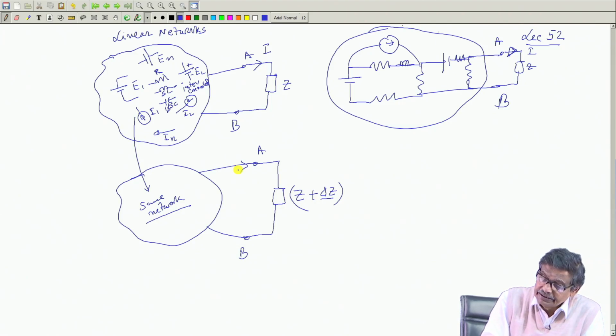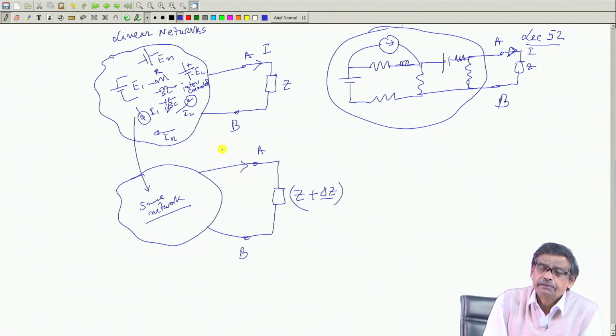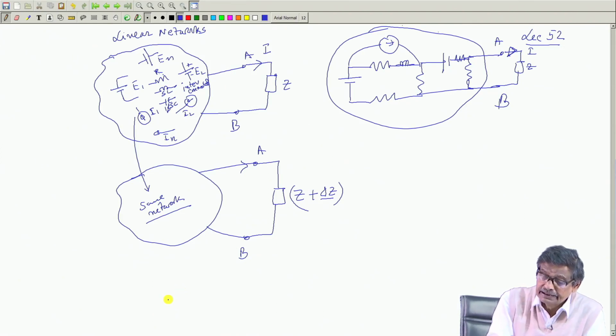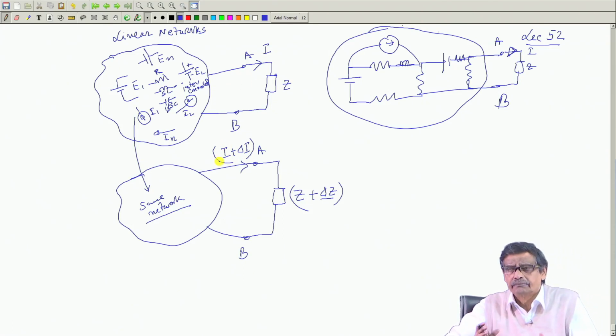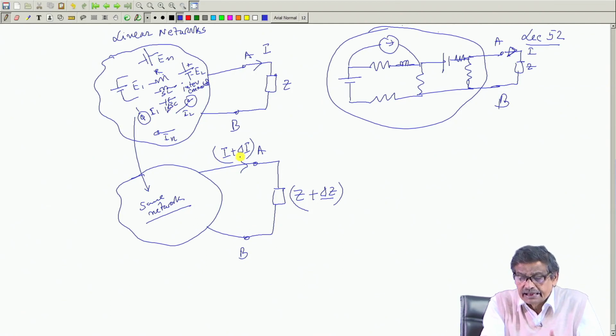If you have changed this impedance to Z plus delta Z, this current cannot remain at I; it must have changed to some other value, and that change in current I say is I plus delta I, where I was the original current, and it has changed by some amount, let that changed amount be delta I. This is what I say.